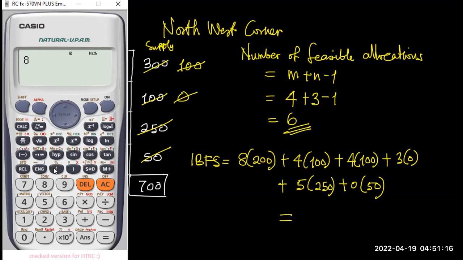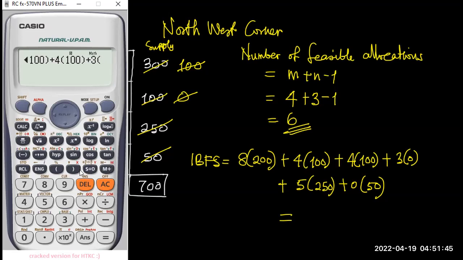Eight by 200, plus 4 by 100, plus another 4 by 100, plus 3 by 0.